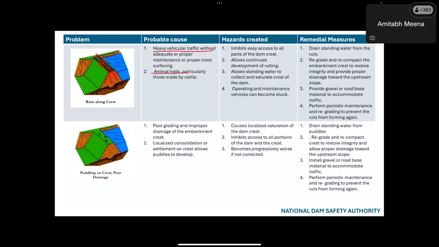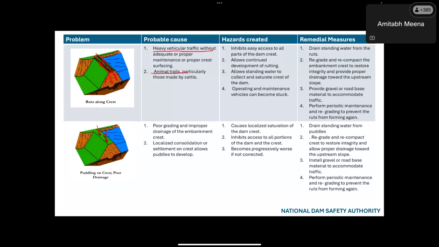In the diagram below, there is puddling on the crest. These are basically small puddles, so the effect is very similar. Water is stagnant in these, and these are generally not taken very seriously.